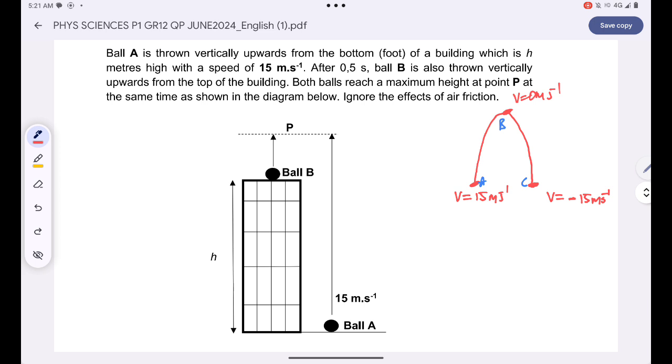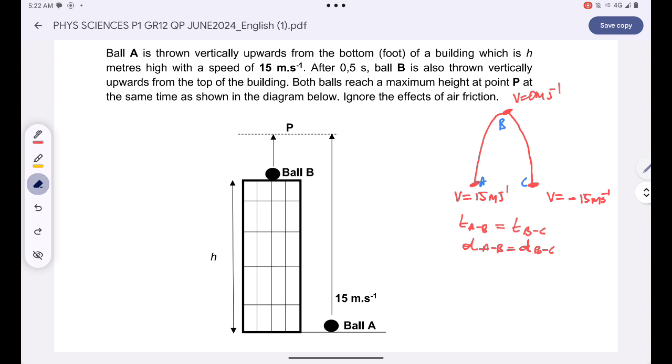There's something guys I want us to note: the time it takes for the ball to move from position A to position B is the same amount of time the ball will take to move from position B to position C, according to time symmetry. Are you together? And obviously the distance it takes the ball to move from position A to position B is the same distance the ball will travel from position B, returning to the initial point of projection. Please guys, do not forget these things whenever you deal with time symmetry.